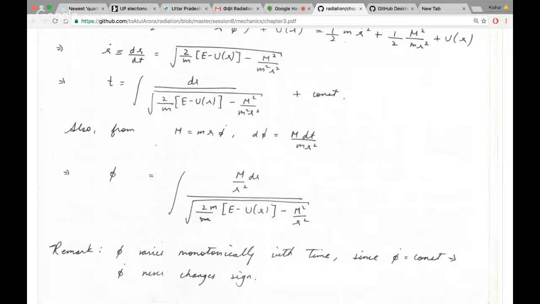Yeah, so I think here phi double dot should be constant or something. Yeah, maybe. Monotonically with time.